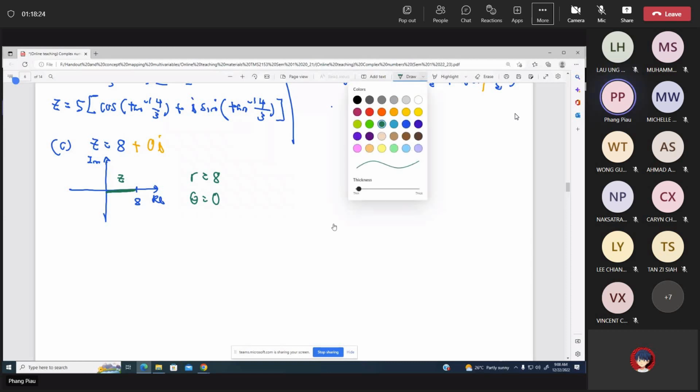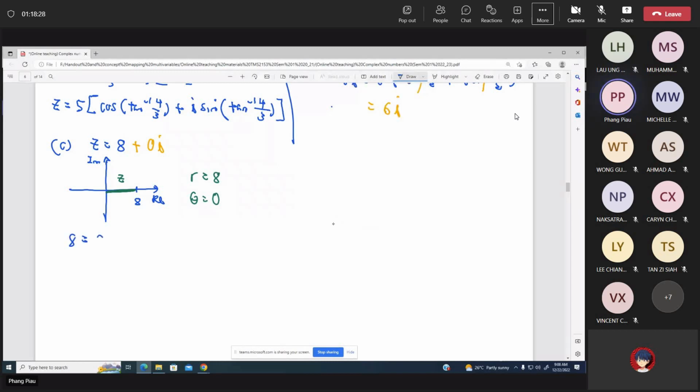So with that, then you can write your Z equal to x cos 0 plus i sine 0. You can put it in this form. So in other words, any real number, you can put it in complex form, a plus bi.